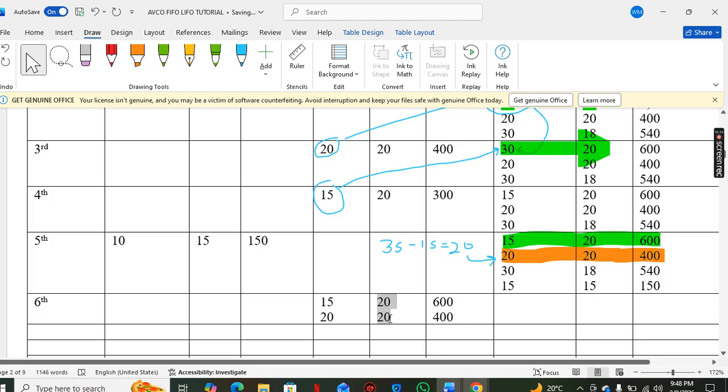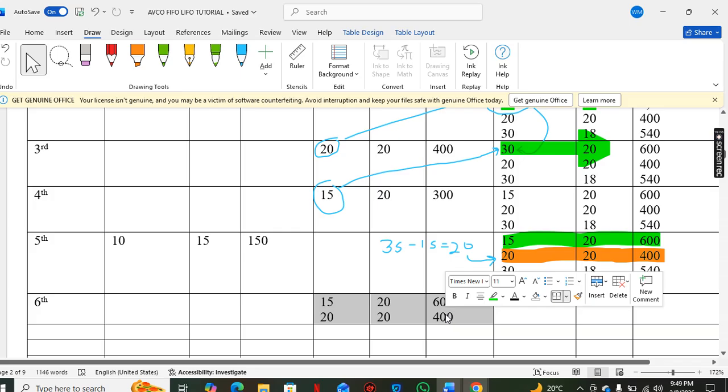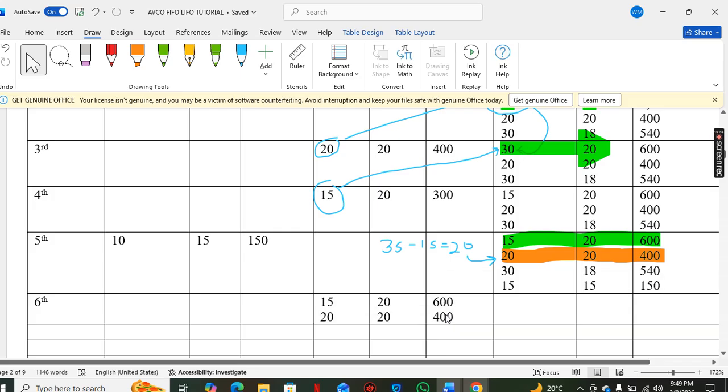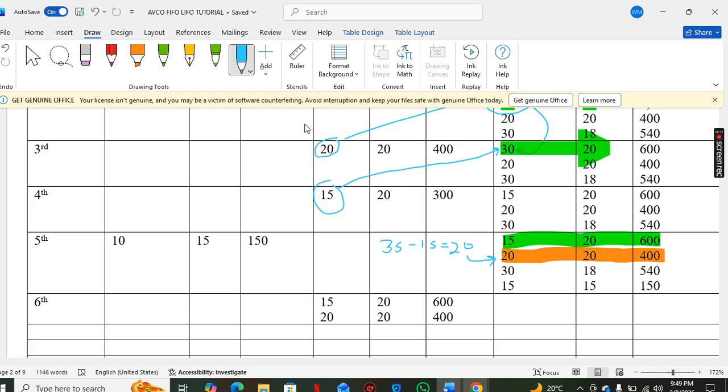Now since these are the same amounts, you can add 20 plus 15, that is 35, issued at 20 kwacha each. I just wanted to illustrate to you that when you're removing from different batches, even the issues should show. So the first 15 removed are here, the remaining 20 are here.